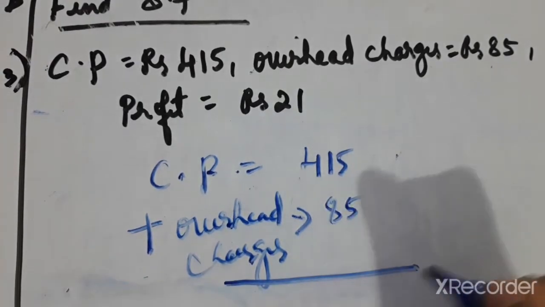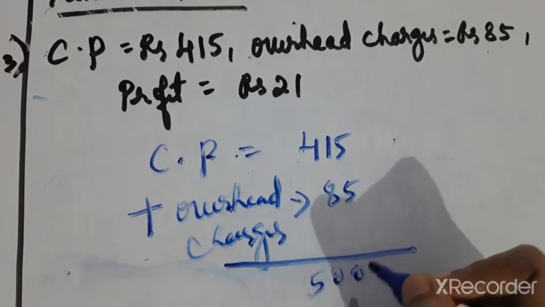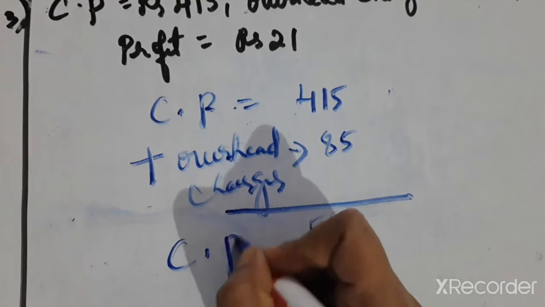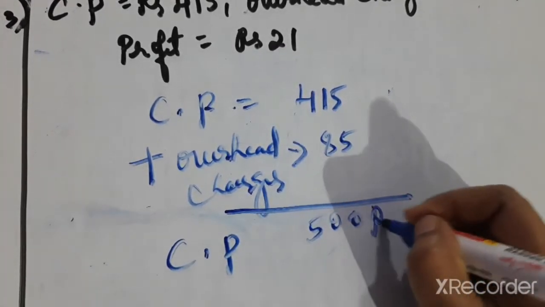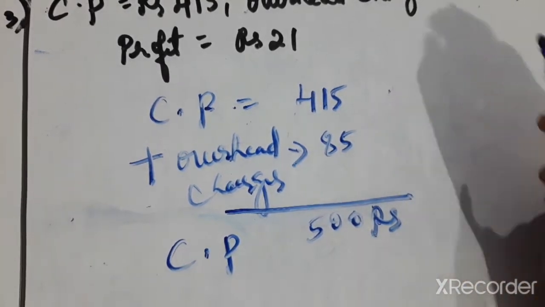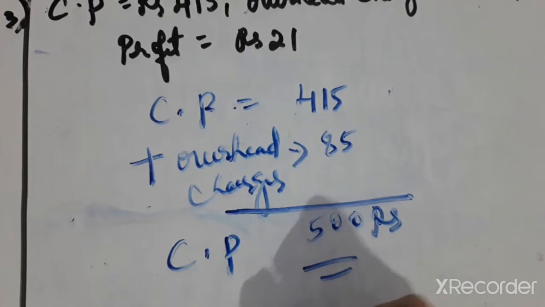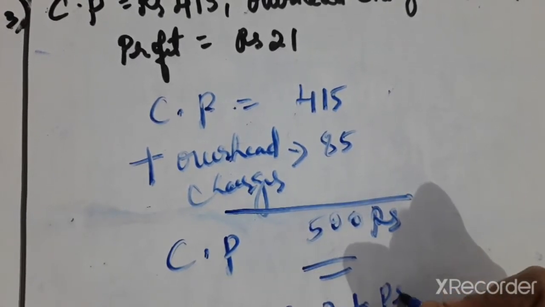Now total cost price is 415 plus 85 is 500. So this is the total amount of cost price now. Present cost price is 500 rupees. Now we have to find selling price. Selling price formula is, when cost price and profit are given, cost price plus profit.